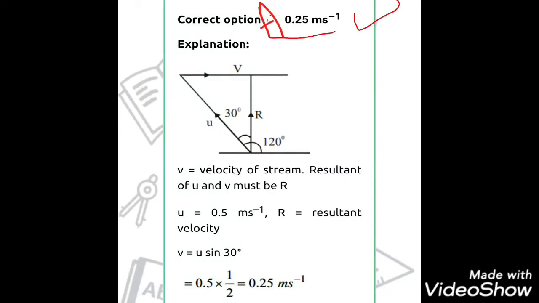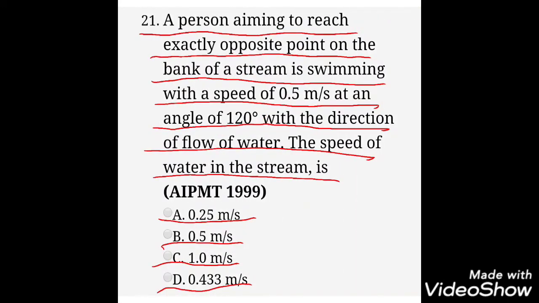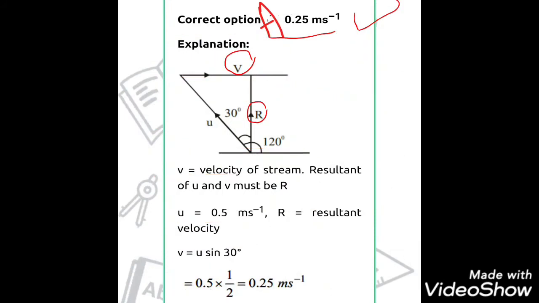So how are we getting this? We draw the given data, the velocity of the stream. Here the person is swimming with a speed u of 0.5 meter per second.